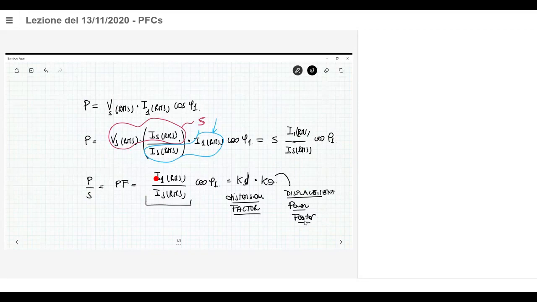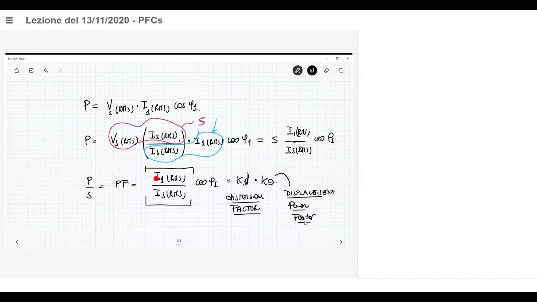And if the distortion factor is very low, say approaching 0, that means that the power factor is very low. So if you have a huge distortion of the current, you cannot extract from the waveform all the total reactive power that you can have in your circuits. Just a minimum fraction of the total reactive power gives you the real power, the useful power.